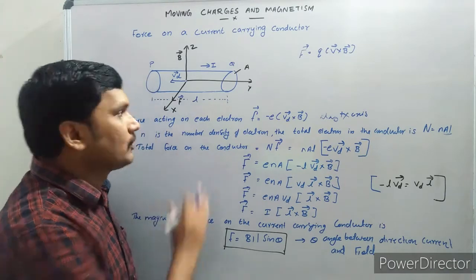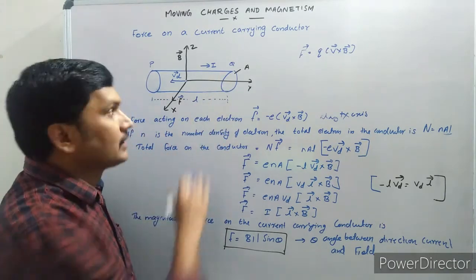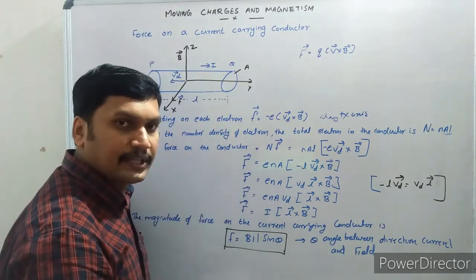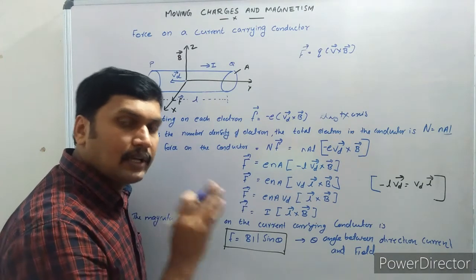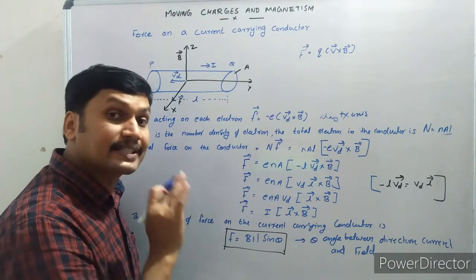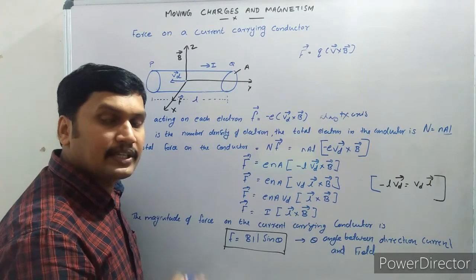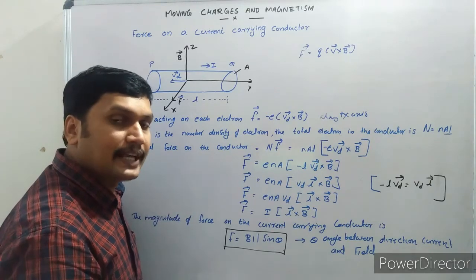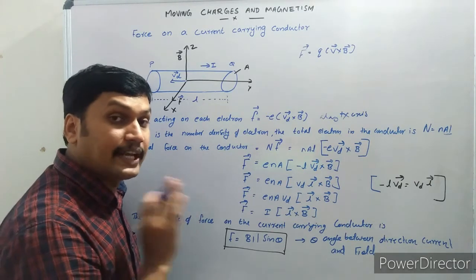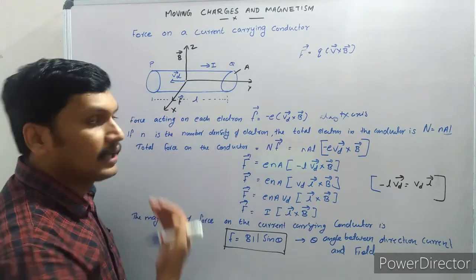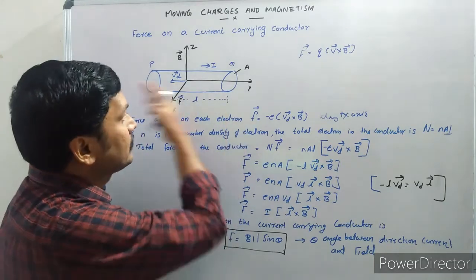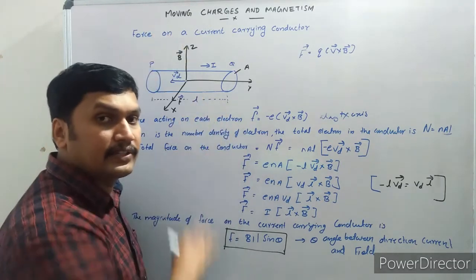All electrons are moving in the same direction. The direction of the magnetic field is also the same. So we can say all electrons will experience force in the same direction. Each and every electron will experience the force in the same direction, that is along the positive x-axis, because the direction of velocity is the same and the magnetic field is the same.